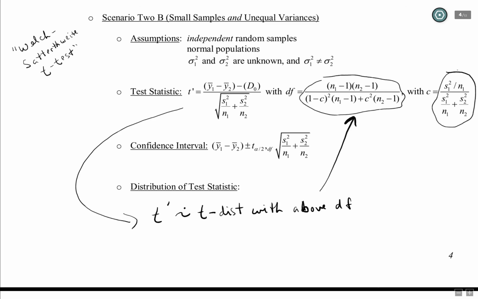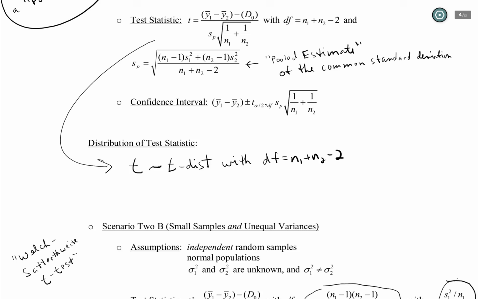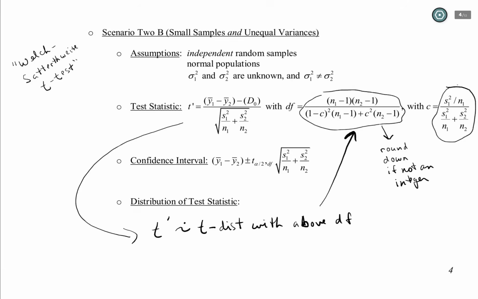And also, I should tell you, with this quantity here, we want to round down if it's not an integer. Okay, round down if it's not an integer. Okay, Welch's t-test for the small sample but unequal variance case.